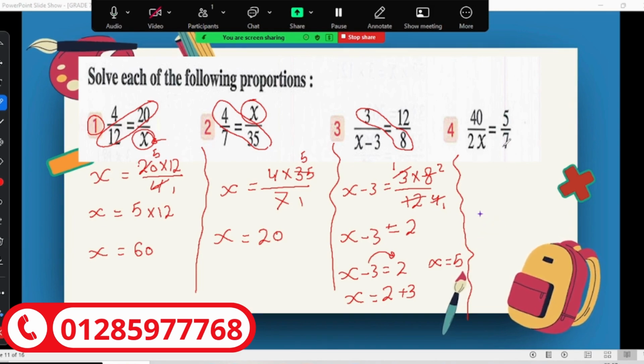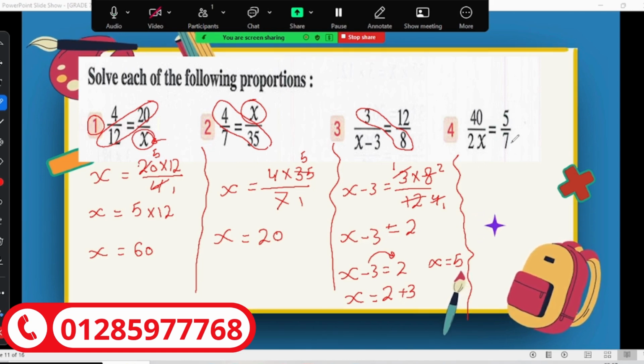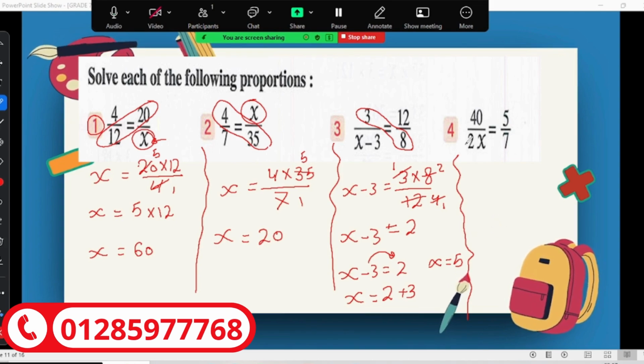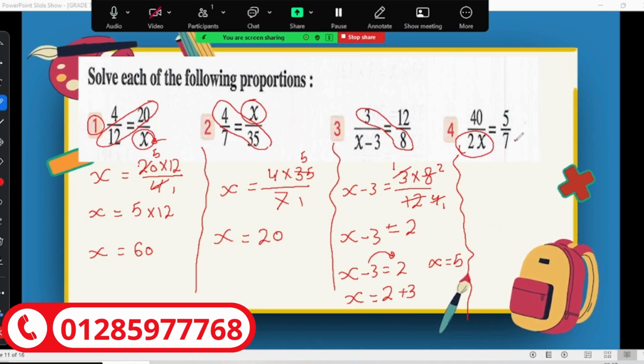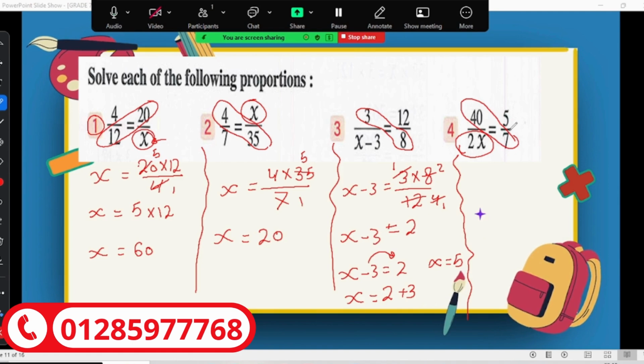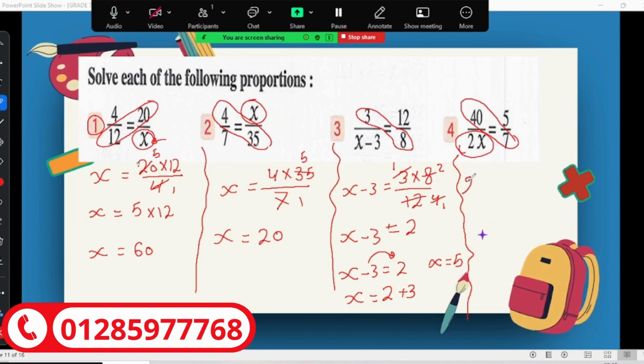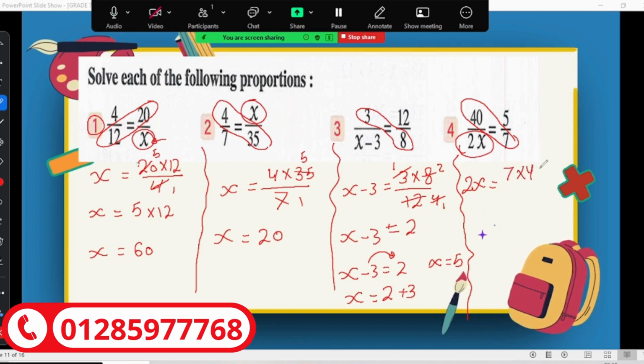and in another one, 40 over 2x equals 5 over 7. Where is the missing value here? This is the missing value, so we do cross multiplication. 2x equals 7 times 40 divided by 5.